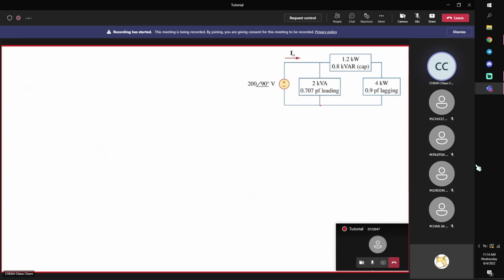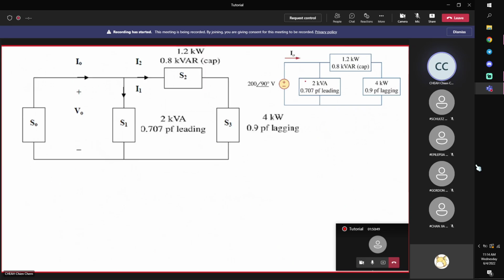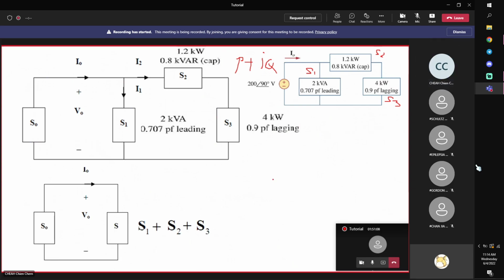Okay, I will call this one S1, complex power 1. I'll call this S2, it's just numbering, this S3, right? And I need to find the real and imaginary part of my complex power for S1, S2, S3. And then I add them up, right?